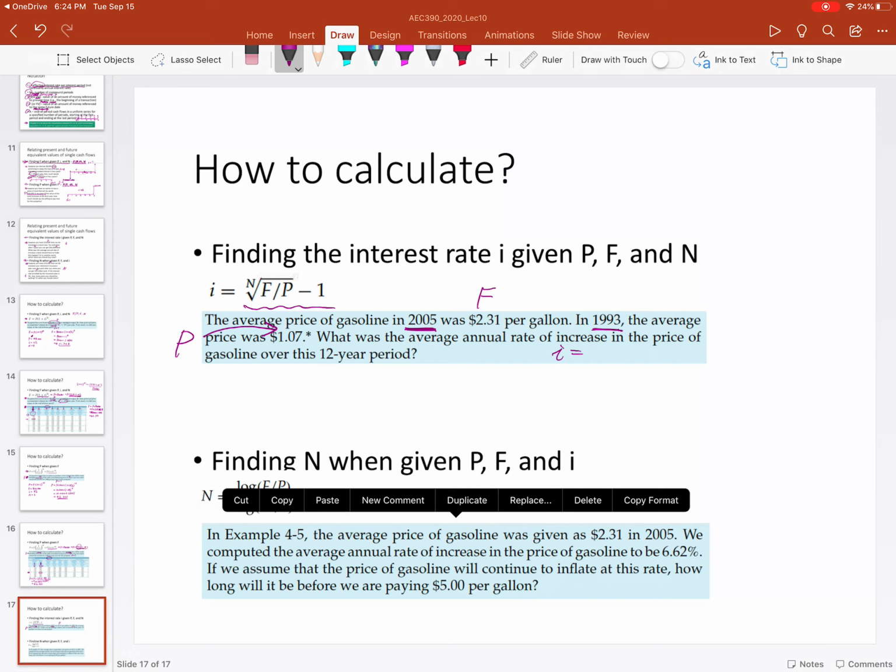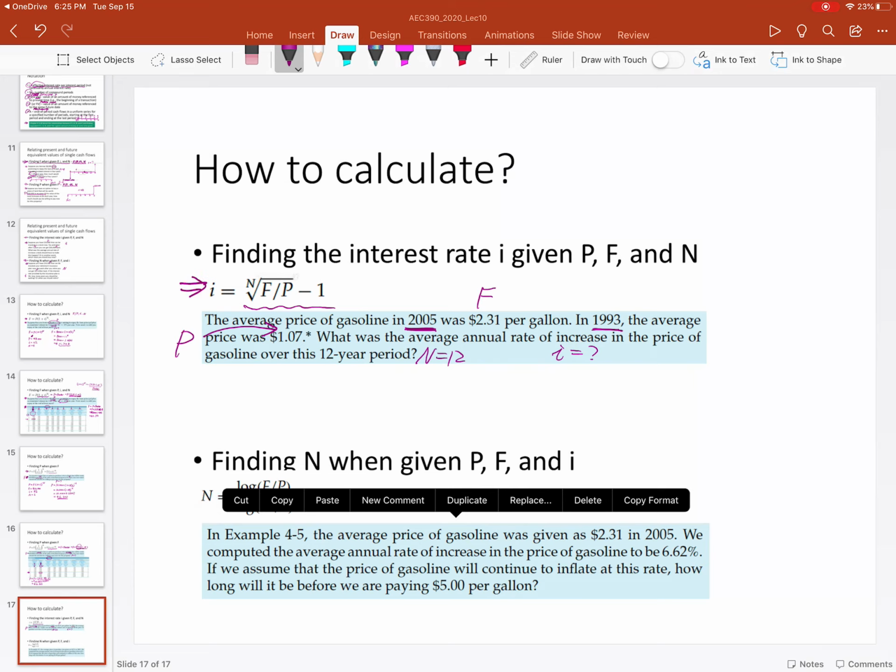And what was the average annual interest rate? So I is something unknown, in the price of gasoline over this 12-year period. So N is 12. Okay, so this problem wants to find out the I, which can make the present value of the gasoline in 1993 equal to the future value of the gasoline in 2005 during these 12 years.